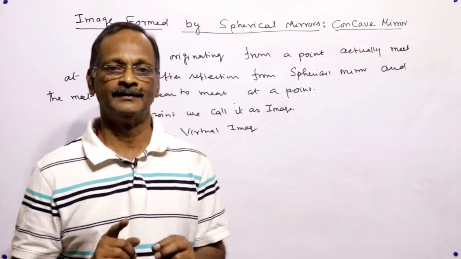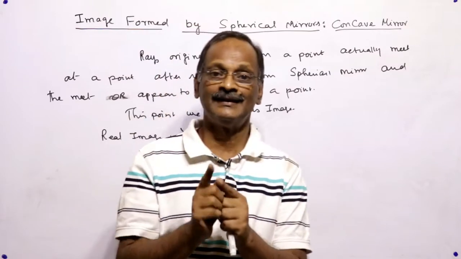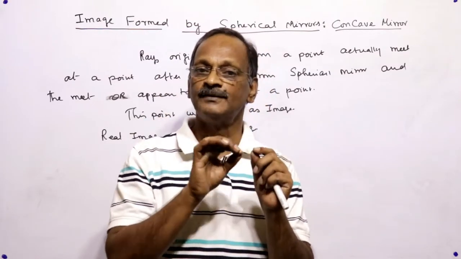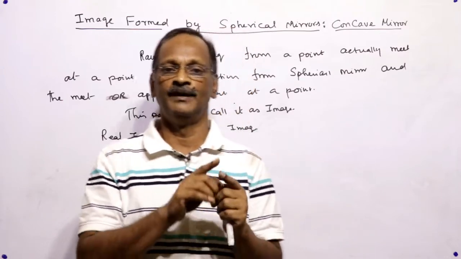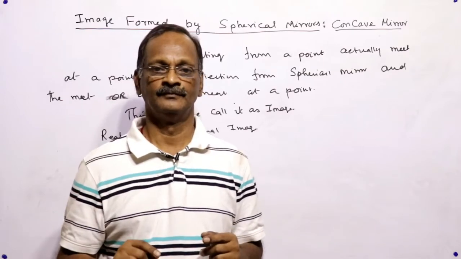If it is erect and formed beyond the mirror, then it is a virtual image. The virtual image appears to meet at a point. The real image is formed when the rays actually meet at a point.